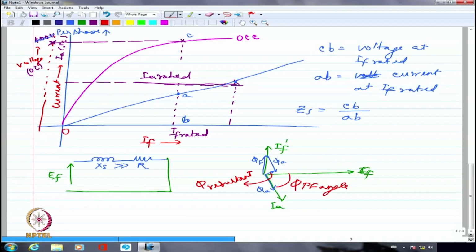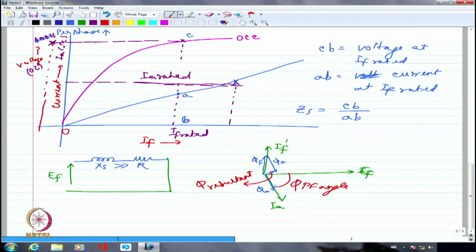The voltage generated also becomes compromised, because of which to actually pass rated armature current, I have to increase the excitation further.